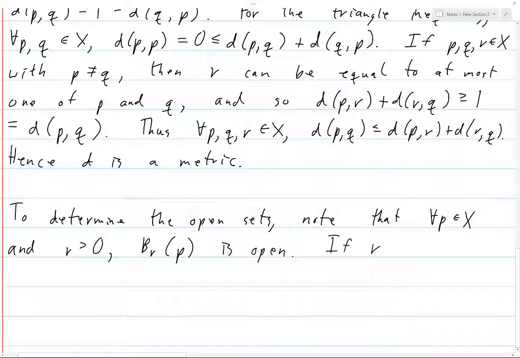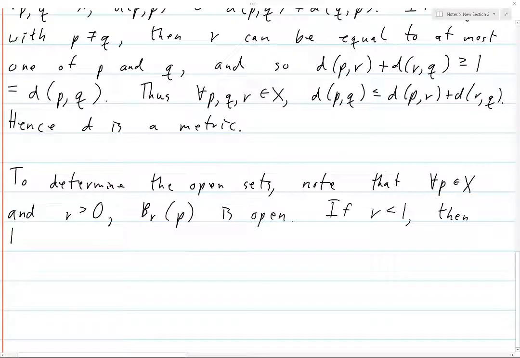If R is less than 1, then what is the set B(R, P)? Well, this is the set of all points Q in X such that the distance between P and Q is strictly less than R. That's just by definition. Now, this distance function that we've defined, what are its possible values?